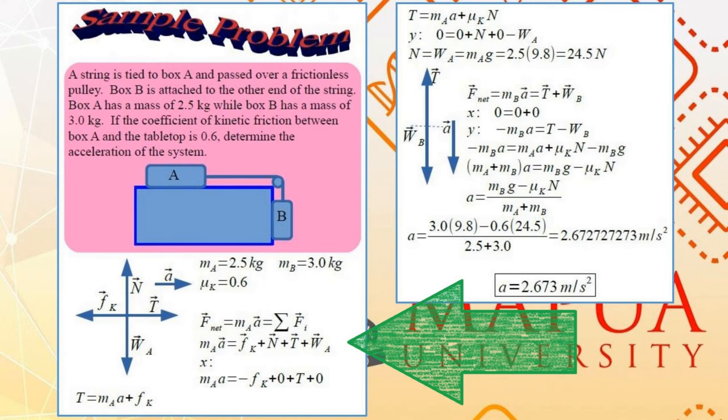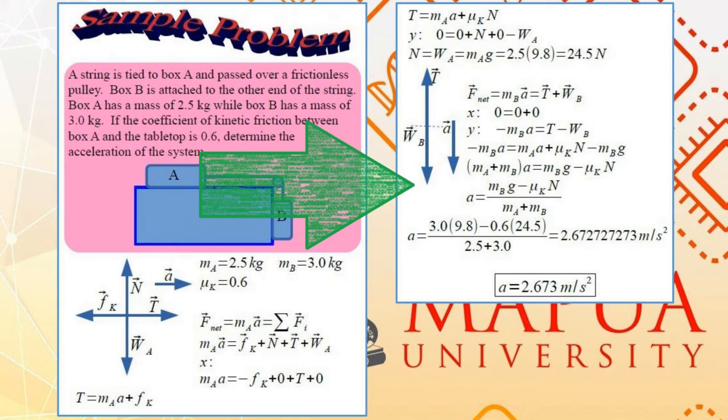This gives T equal to m_A a plus F_k, and F_k is constant at mu_k N. Therefore, T is equal to m_A a plus mu_k N.